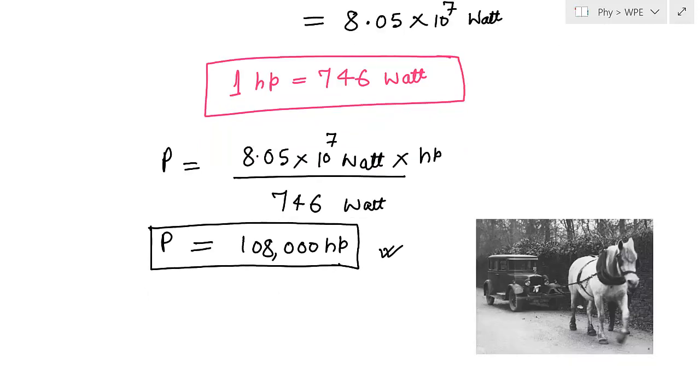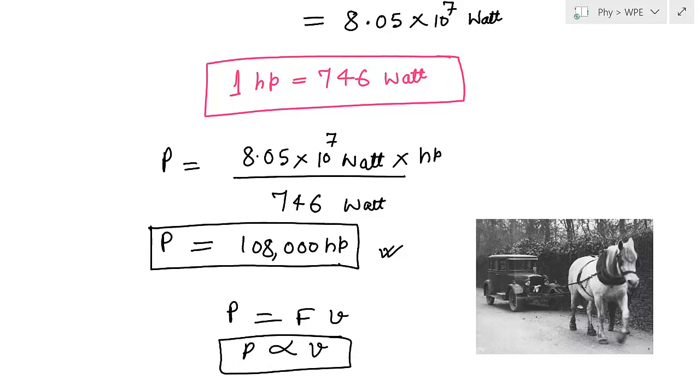Now see, the thrust force is directly proportional to velocity. If you increase the velocity, the generated power or thrust force will increase. So speed is directly related to power, because power is equal to F dot V. In this case, because the angle is 0 degree, it is simply F into V. So power is directly related to velocity.